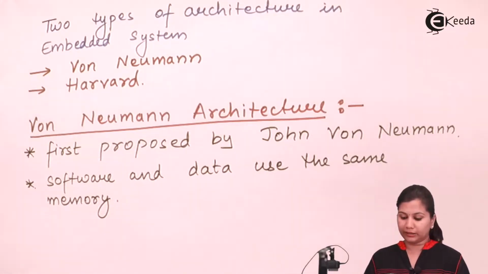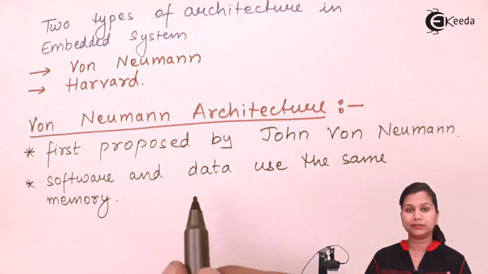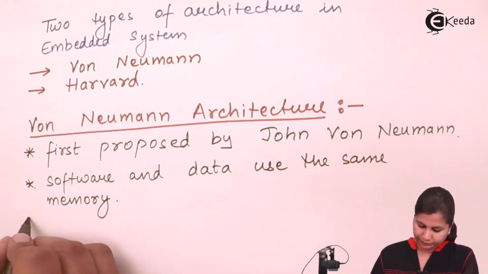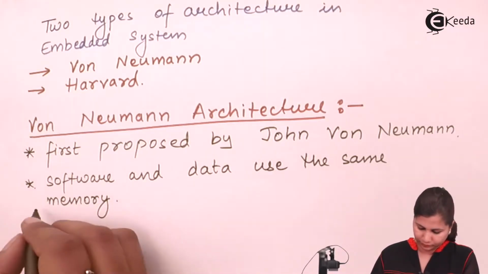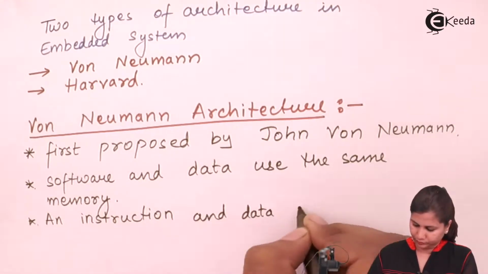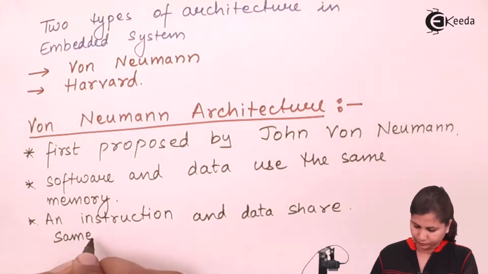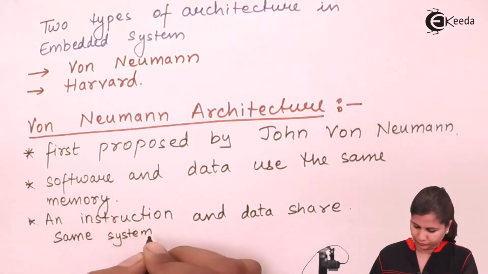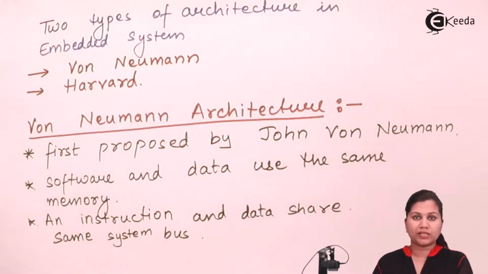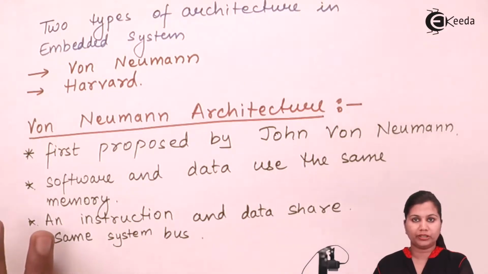So in the von Neumann architecture, the software, that is the programs and the data, use the same memory. In the same memory they will be stored.